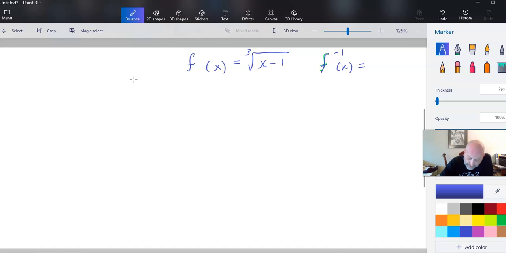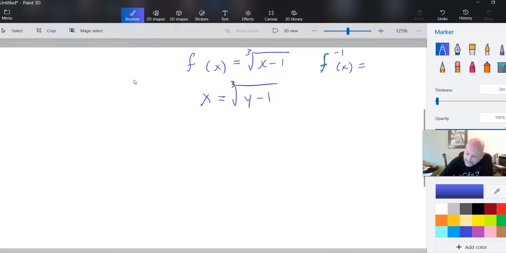We're going to start by swapping that x and y, and I'm just going to skip the step where I substitute y for f of x at this point. So it's going to be x is equal to the cube root of y minus 1. Okay, so we need to get rid of this cube root, and to get rid of a cube root, in fact, you don't just erase it like that. Darn it, wrong color.